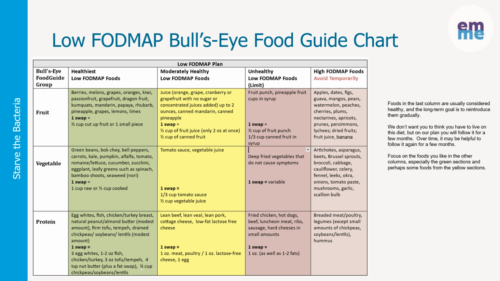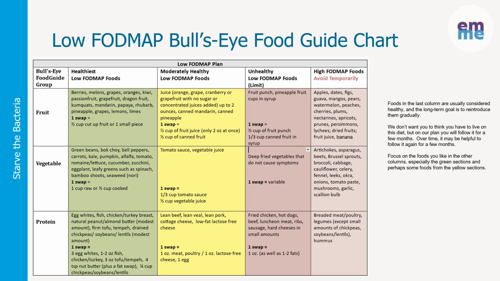You can also easily, from a FODMAP perspective, come into the yellow section for the protein group and enjoy some lean beef, lean veal, lean pork, and lactose-free cheeses like lactose-free cottage cheese and lactose-free other cheeses, preferably low-fat.